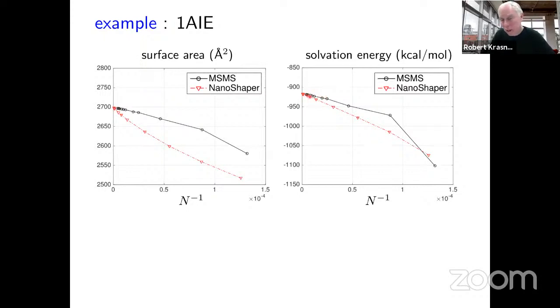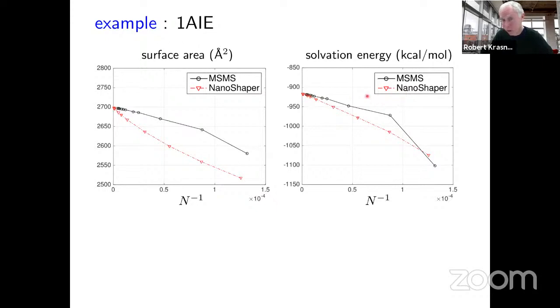Another important difference between the two codes is that there's a limit to how large the number of triangles can be with MSMS. It simply doesn't produce results beyond a certain number of triangles. With NanoShaper the limit is much higher. I'm not sure we even reached that limit.